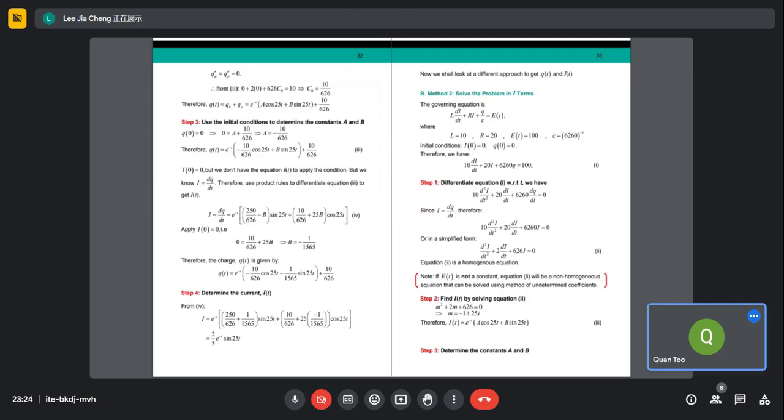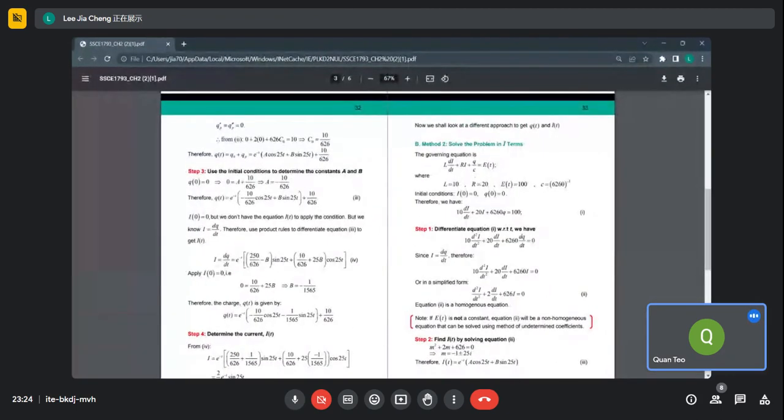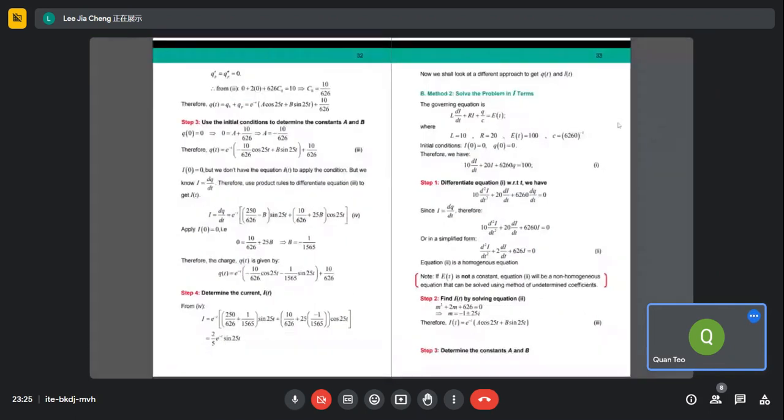So in step 3, we have to determine the constants A and B in the equation which we found in step 2. From the initial condition, Q equals 0 and t equals 0, 0 equals A plus 10 over 626, and A equals negative 10 over 626, which we find after we substitute the initial condition into the equation found in step 2.